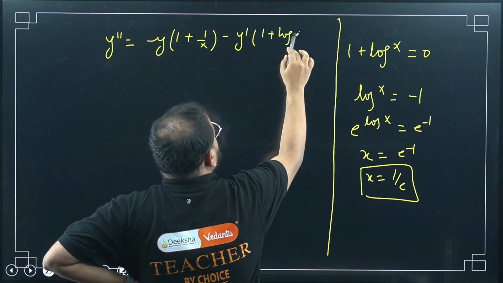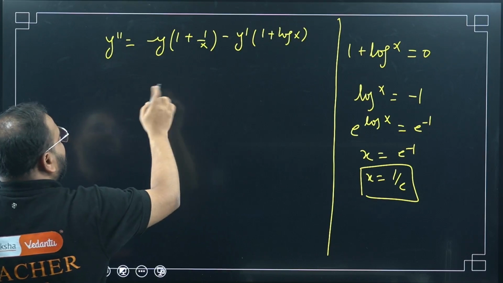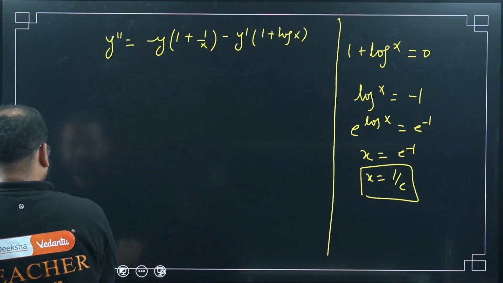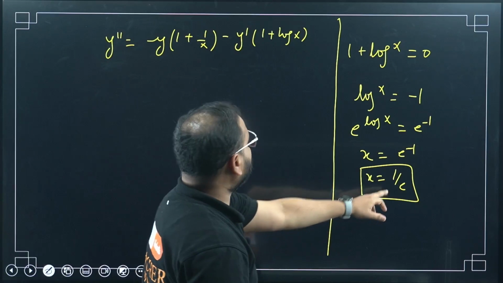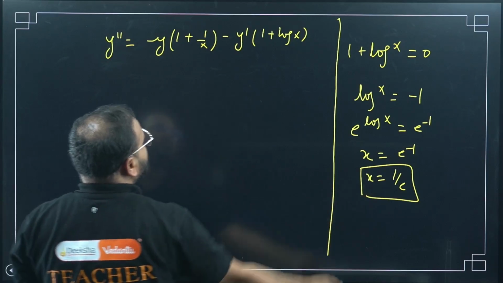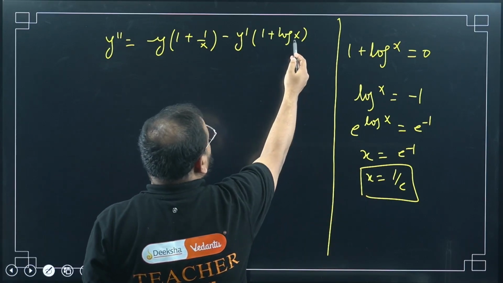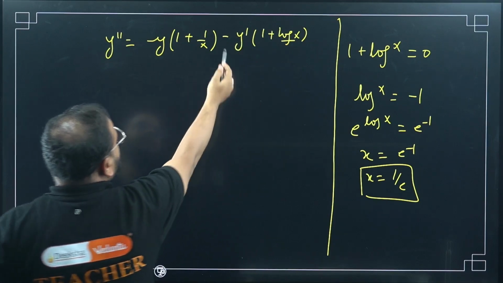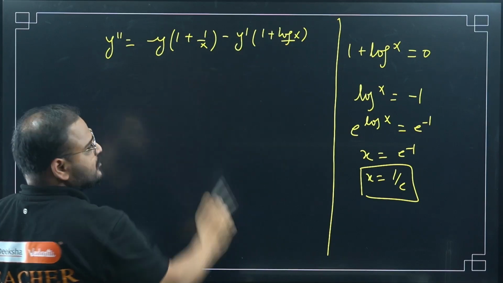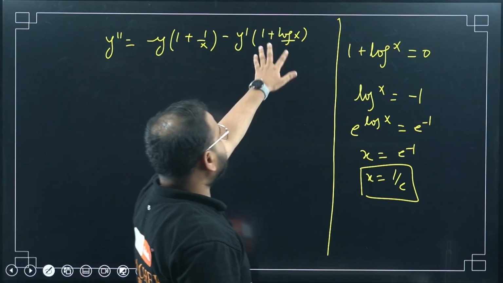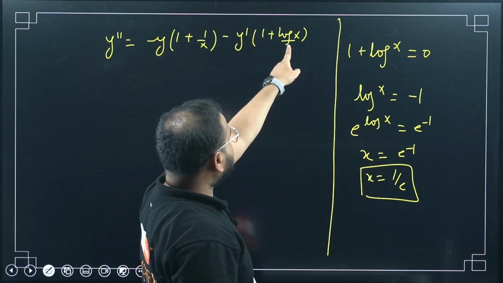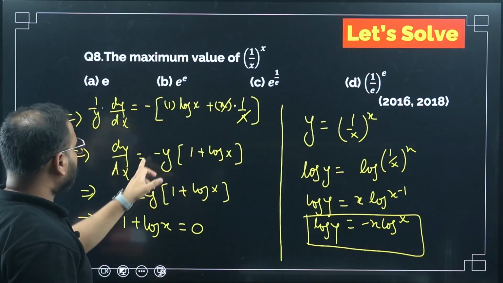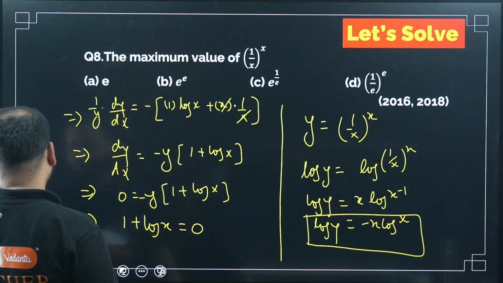Substitute this: if you put x as 1 upon e, log of this will be a negative number, and with the minus sign it again becomes negative here. Check here, this is my differentiation, right? This was my y dash, minus y times 1 plus log x.